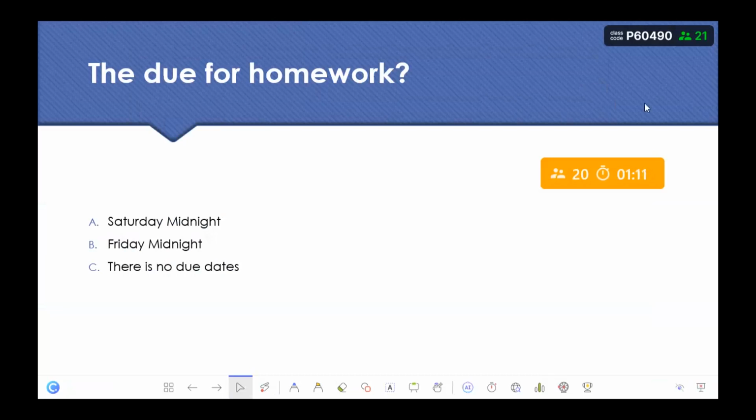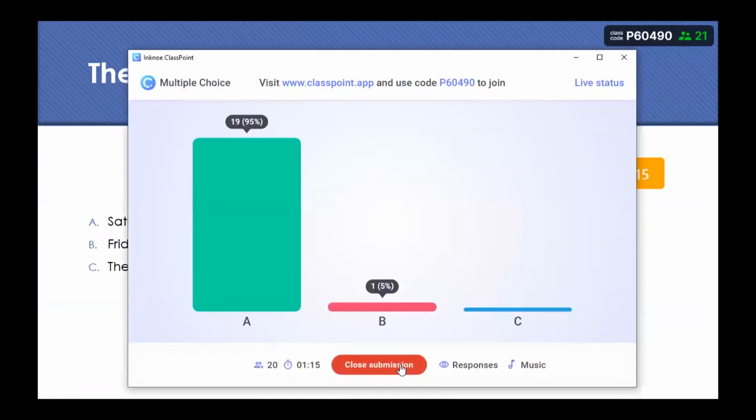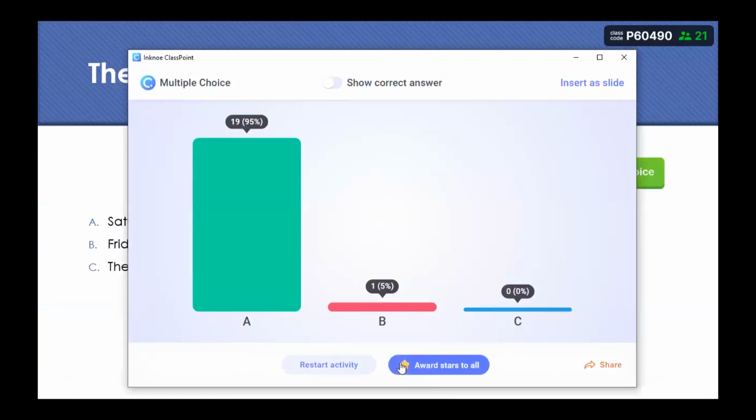Okay, so what is the due date? What is the right answer? Yes, the due date is Saturday midnight. All homework due days are Saturday midnight. That's it.